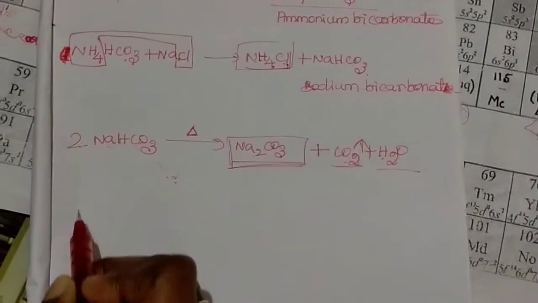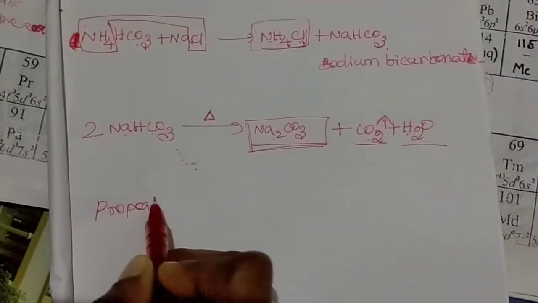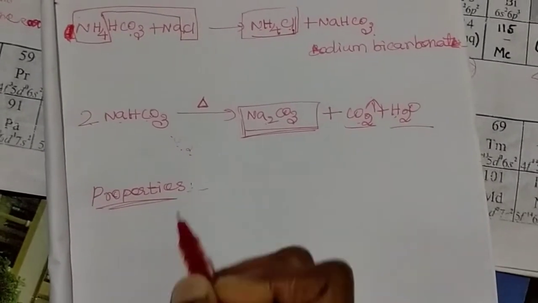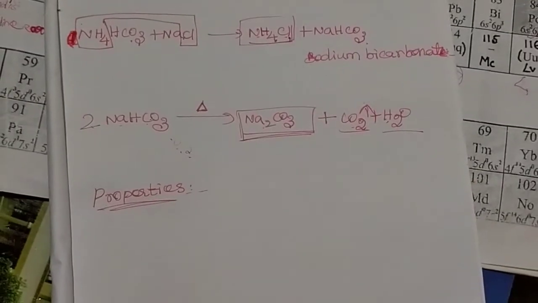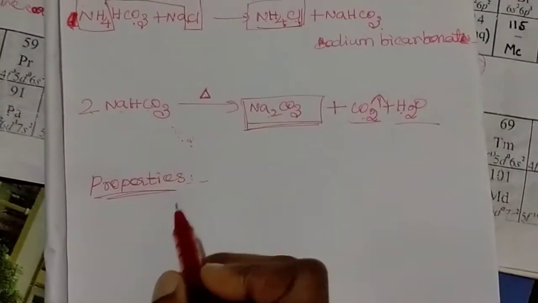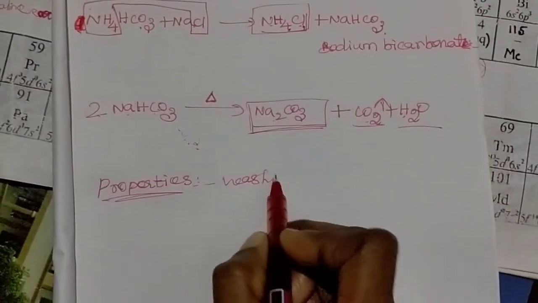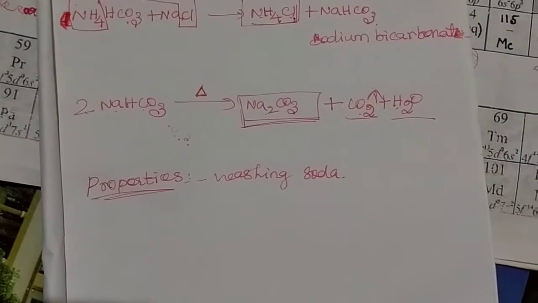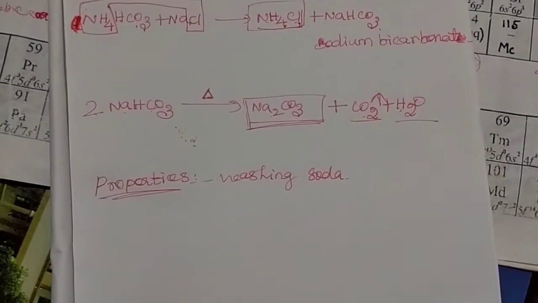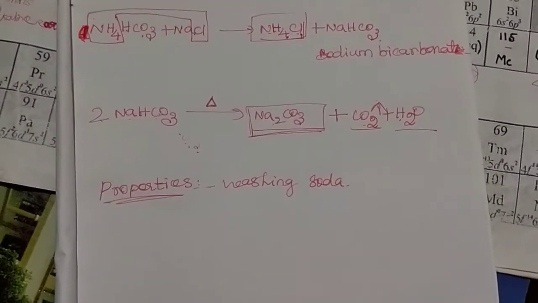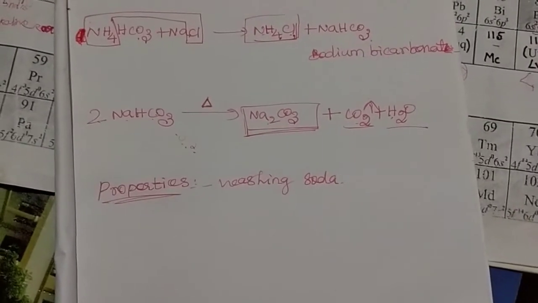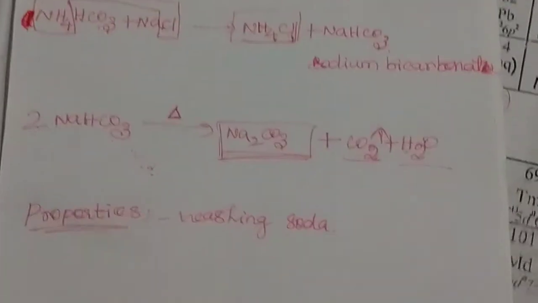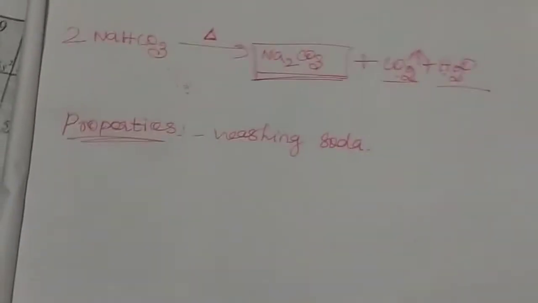Next are the properties of sodium carbonate. Another name of sodium carbonate is washing soda. It is a crystallized one, in the decahydrate form. The decahydrate, a white crystalline solid, is known as washing soda.